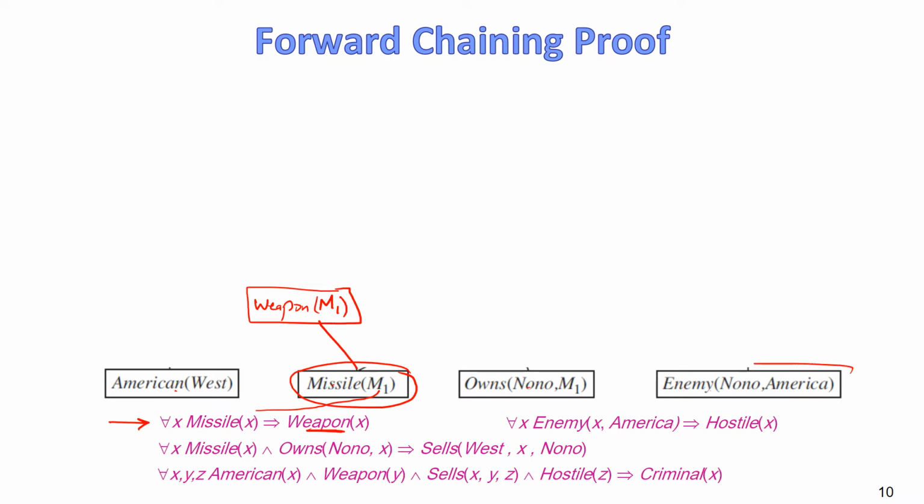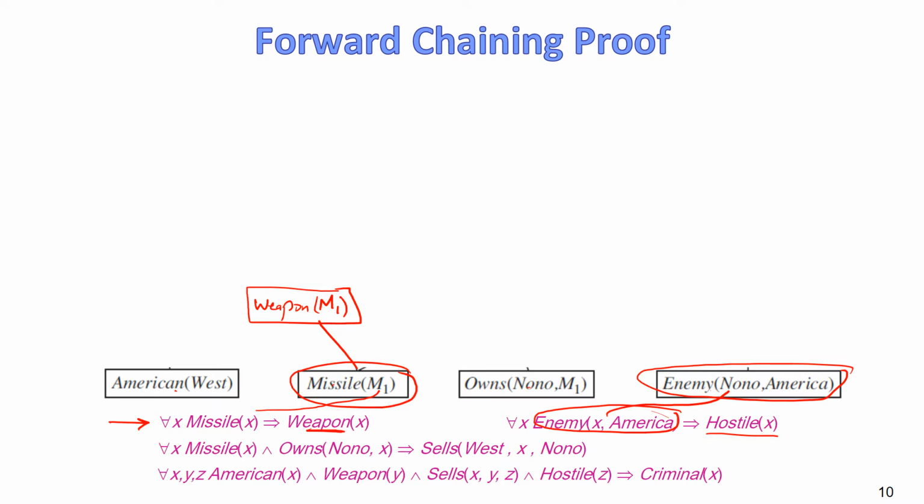We see this sentence, and that can be unified with this one. You see here, Enemy(x, America) and Enemy(Nono, America), so with this substitution, these two will be identical. Now this is a premise, which means that if we apply this substitution to the conclusion, we can entail the conclusion.